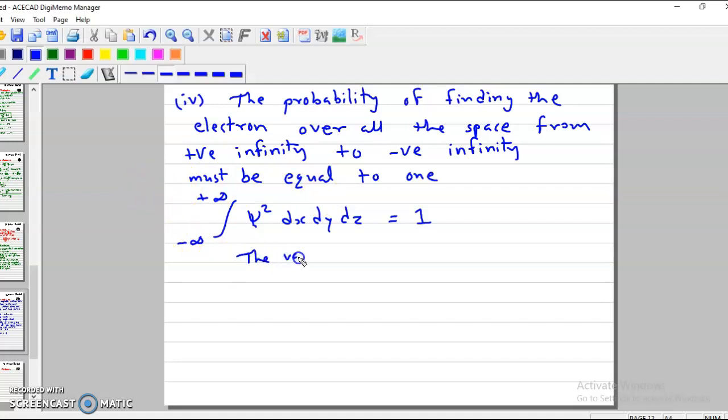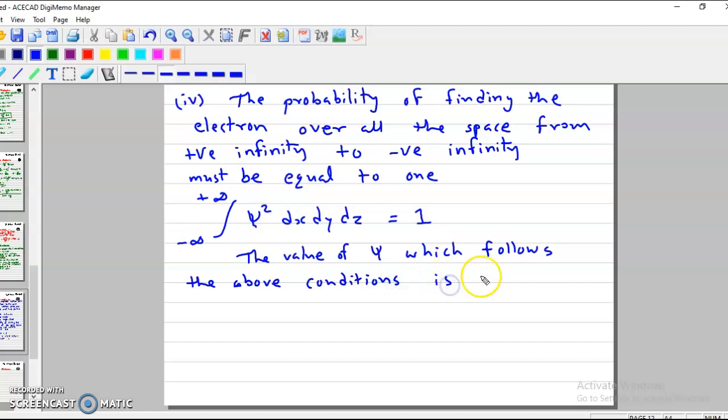The value of psi which follows the above conditions is known as eigenfunction.